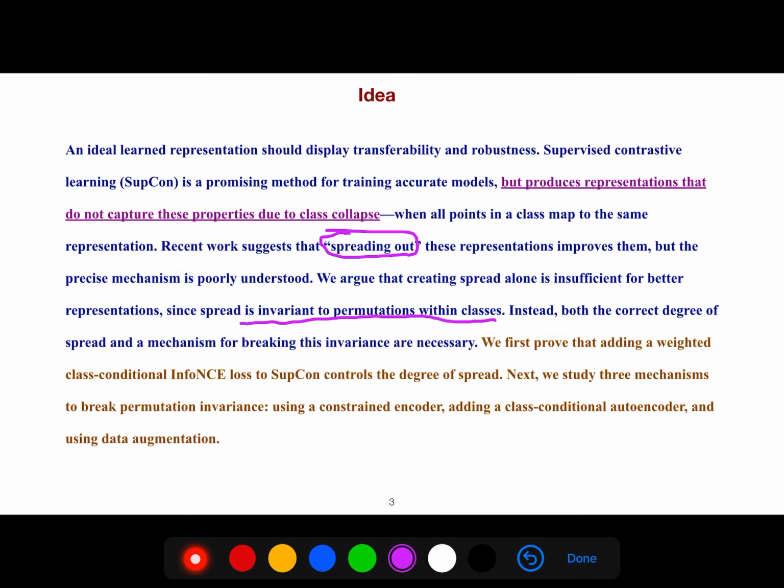We first prove that adding a weighted class conditional InfoNCE loss controls the degree of spread. Then we studied three mechanisms to break permutation invariance: using a constrained encoder, adding a class conditional autoencoder, and using data augmentation.